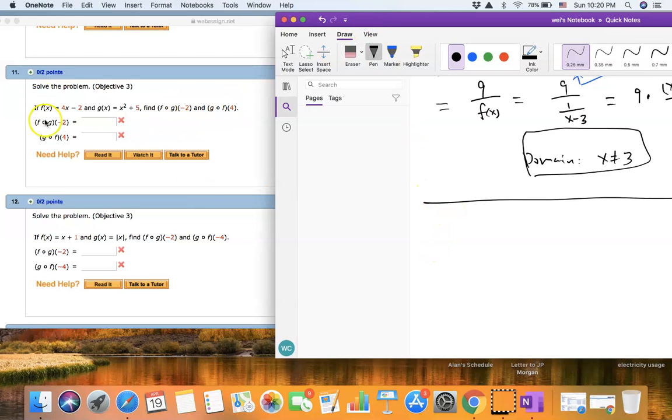So to find f of g of negative 2, we first need to know how to write this composite function f of g of x.